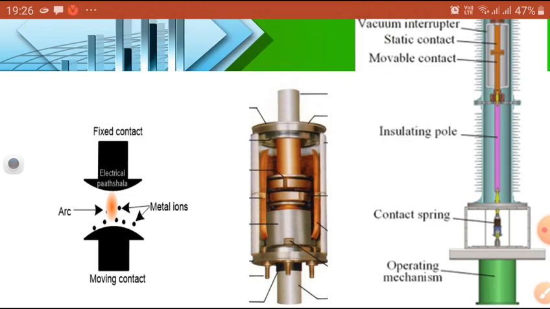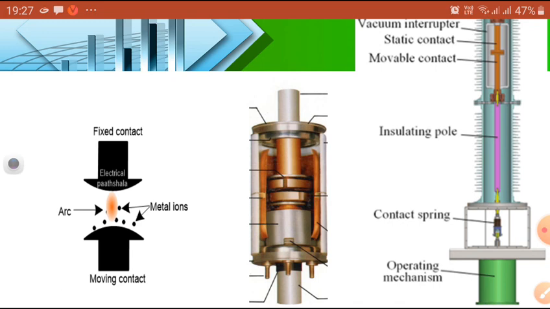The medium also regains its dielectric strength if the vapor density is reduced. That means the dielectric strength automatically increases if the vapor pressure decreases. Once the dielectric strength between the two contacts increases, it is unable to maintain the arc.